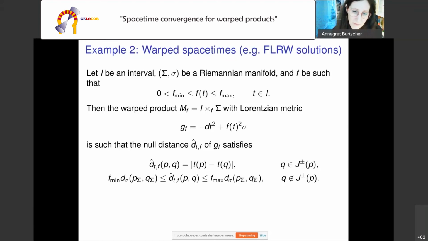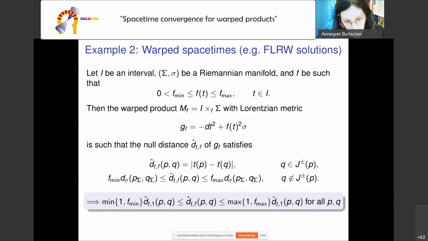That's also what is always true. And if they're not causally related, then you can somehow estimate the null distance from above and below using your warping function.